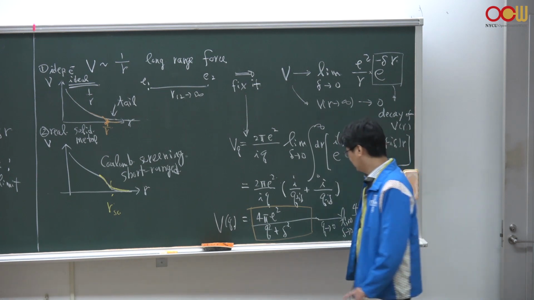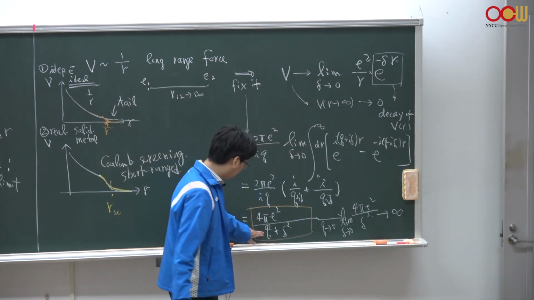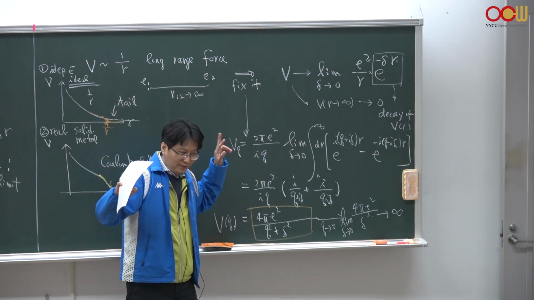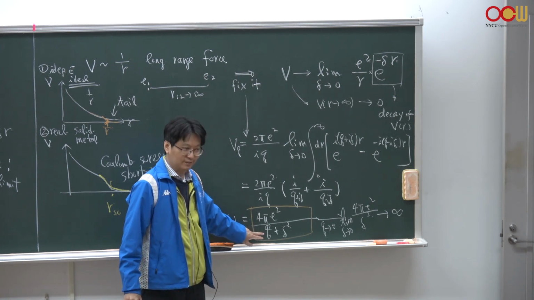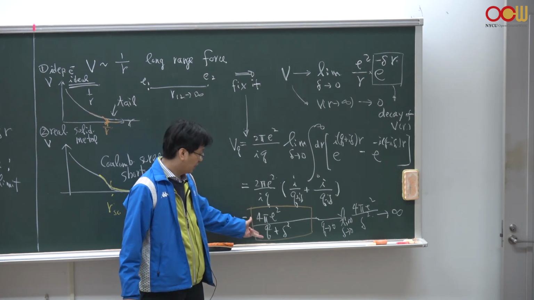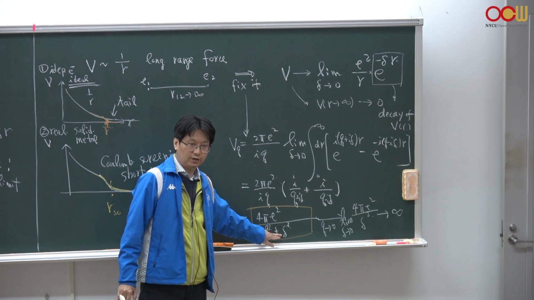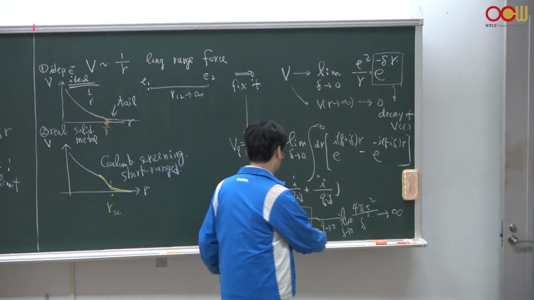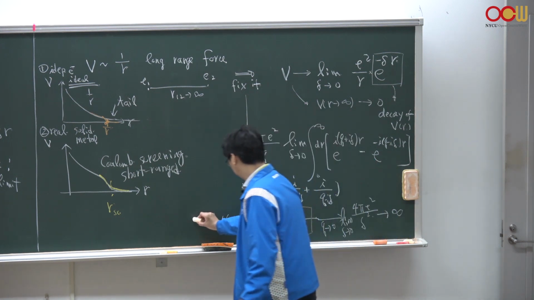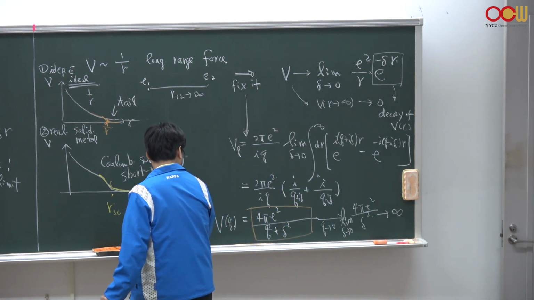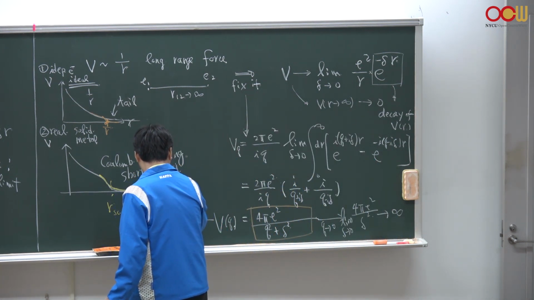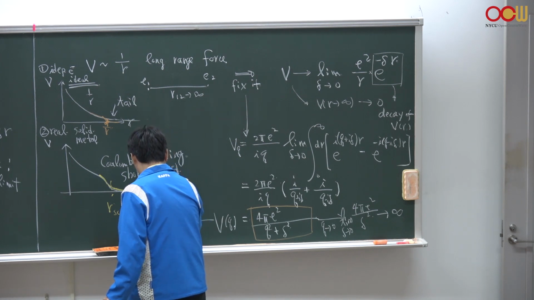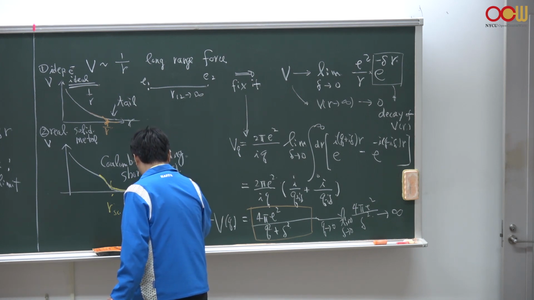But mathematically, this appears convergent, or at least shows a finite value when delta is finite and q goes to 0.